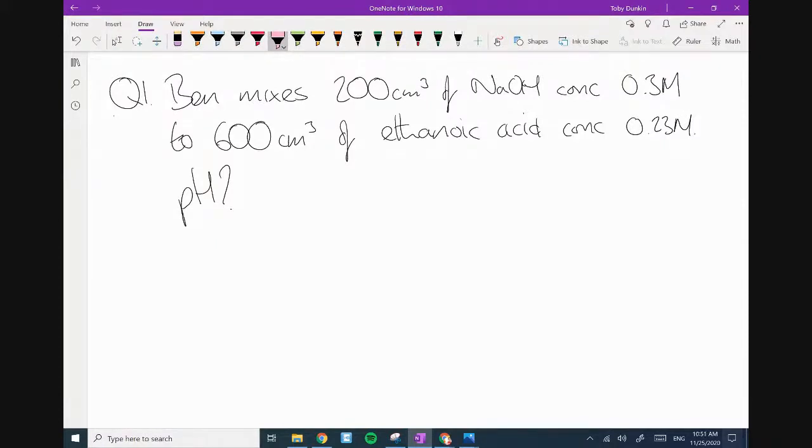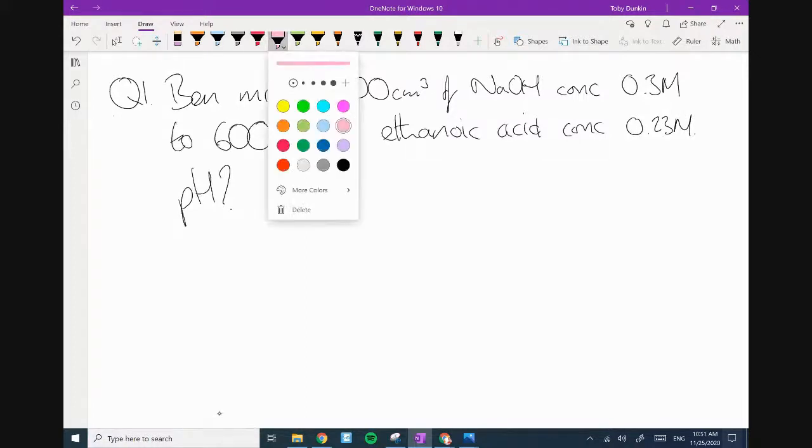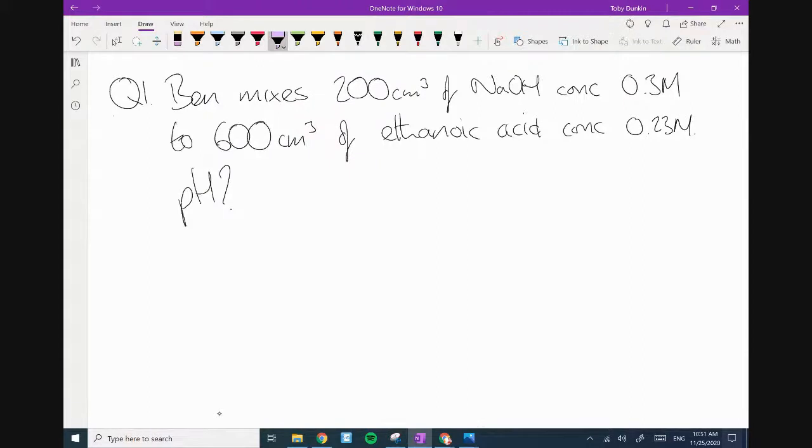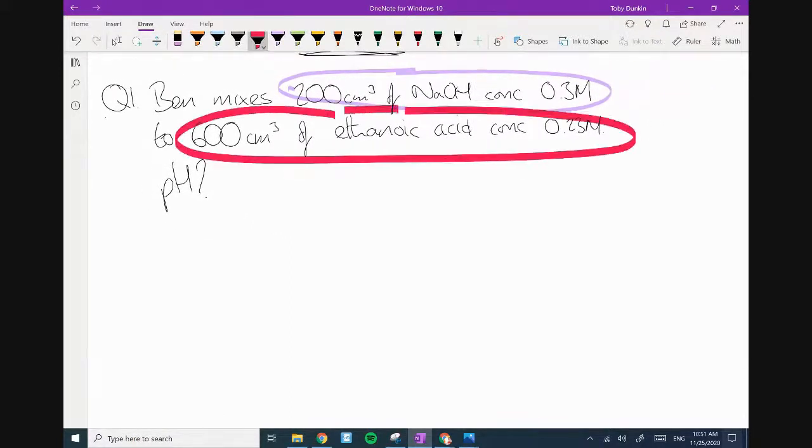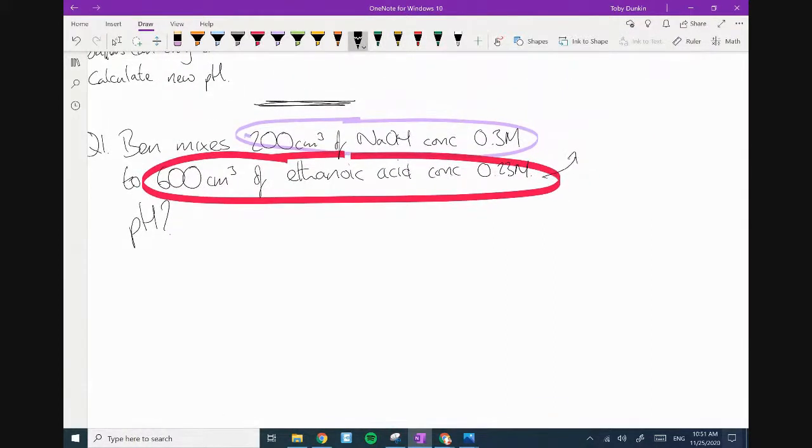First thing I'd like you to recognize is, I have not told you in the question that it's a buffer, and they do this about half the time. You are expected to be able to read a question and recognize when it will be one. We recognize this because Ben chose sodium hydroxide, 200 cm³, 0.3, and added it to a weak acid, but thanks to the numbers, the weak acid is in clear excess.